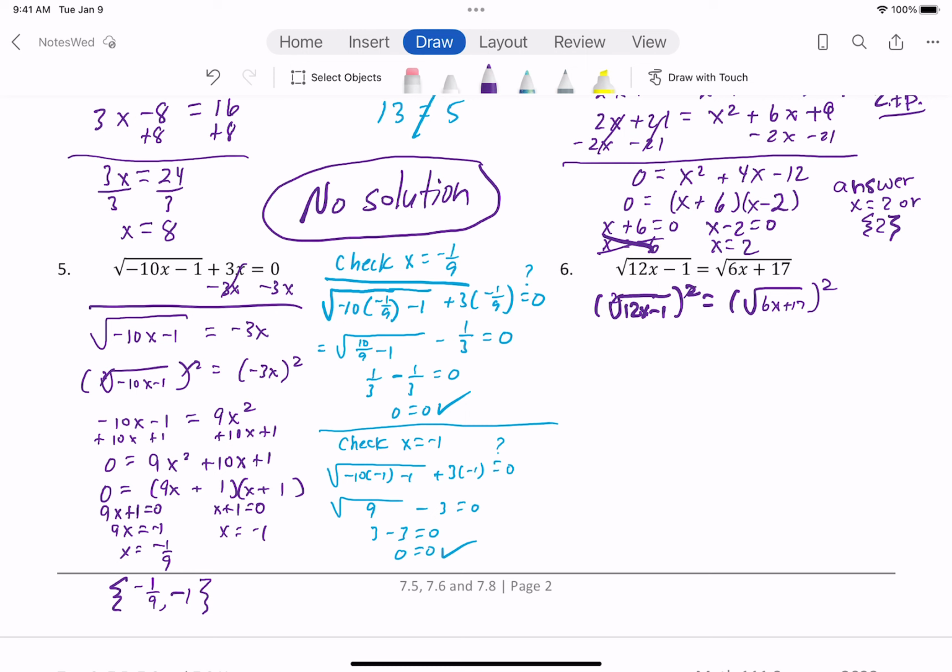This time, the roots are going to go away on both sides, and we're just left with a linear equation. So I'm going to move my x terms together, move my numbers together, and I get x equal to 3.